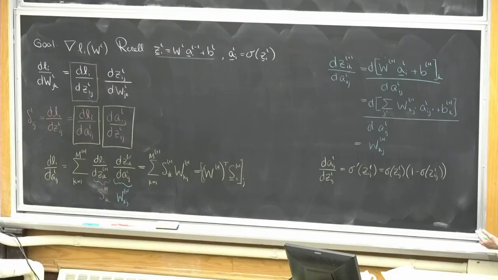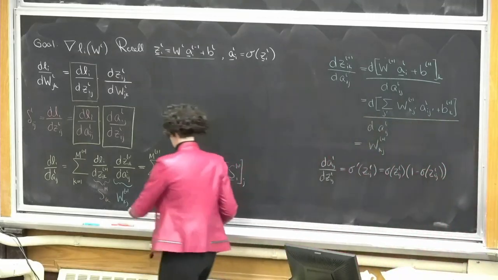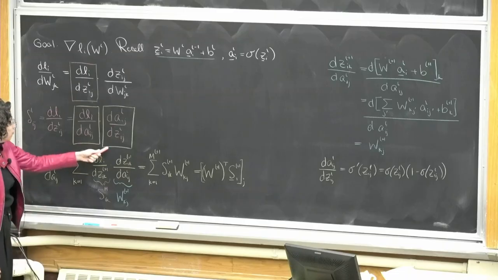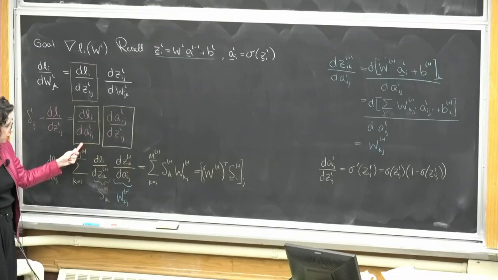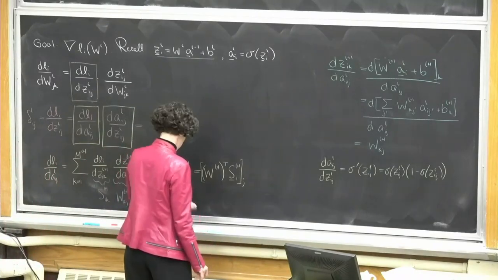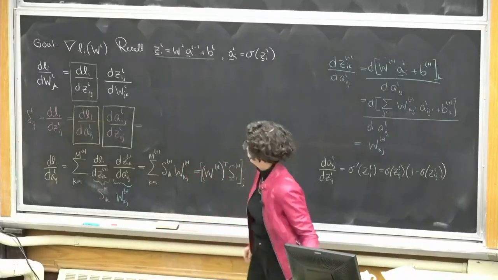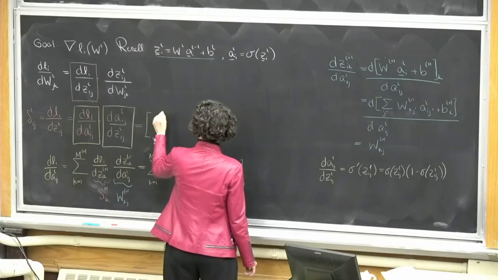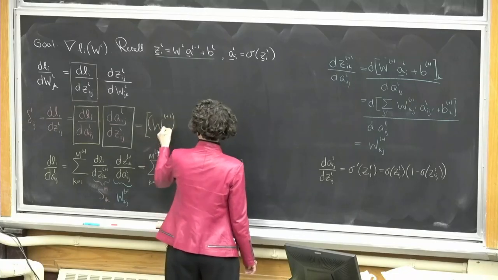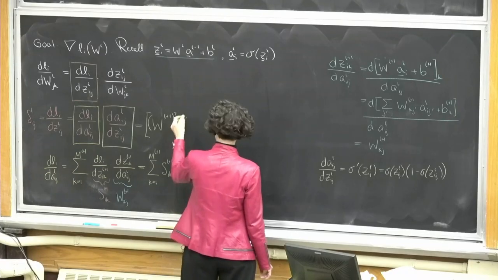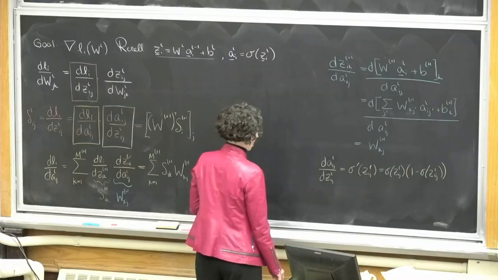Okay, so now we can go back over here and derive an expression for this delta_ij^l by multiplying these two factors from the chain rule that we've already derived. So in particular, what we are going to get is W^{l+1} transpose times delta_i for layer l+1, and we just keep the jth element of that.